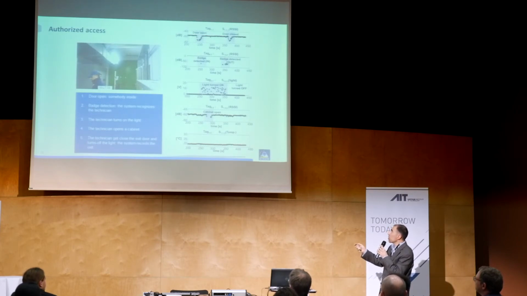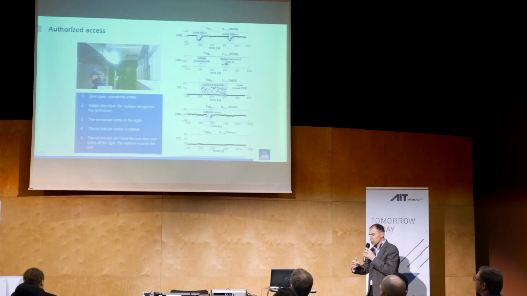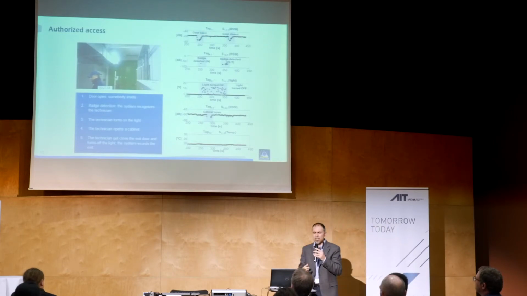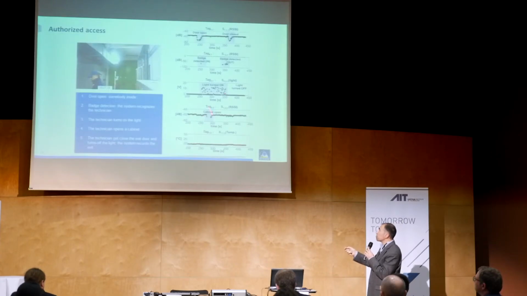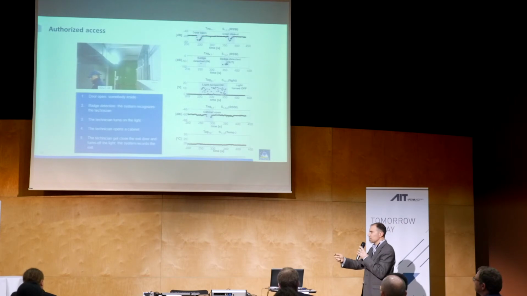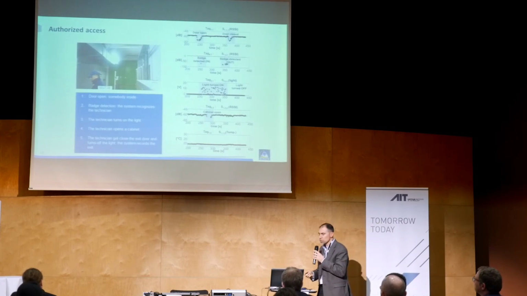We have, for example, the possibility to detect with the same RFID system the presence of authorized badges carried by operators in the cabin. We have light sensors. We have a sensor when a given cabinet is open or closed.